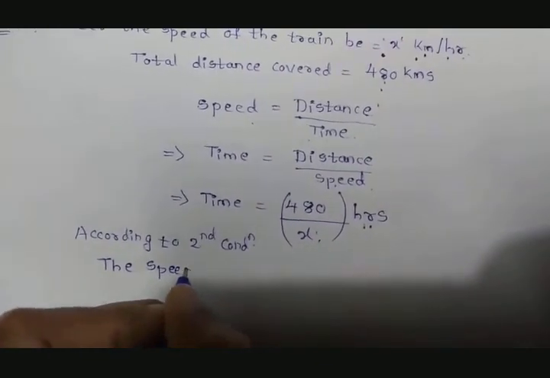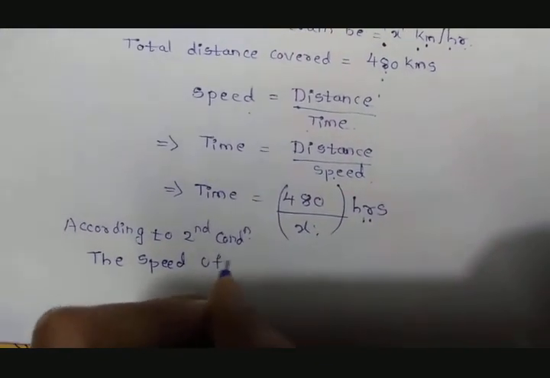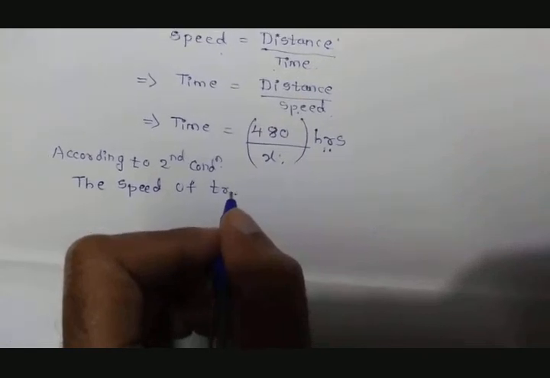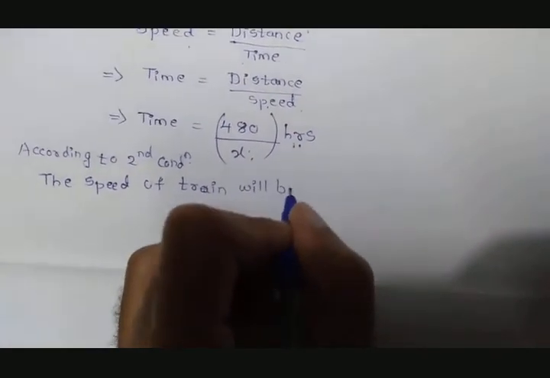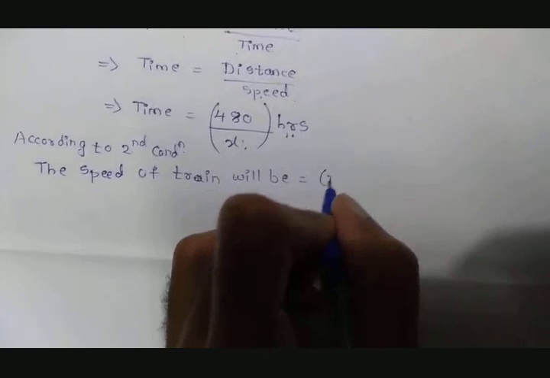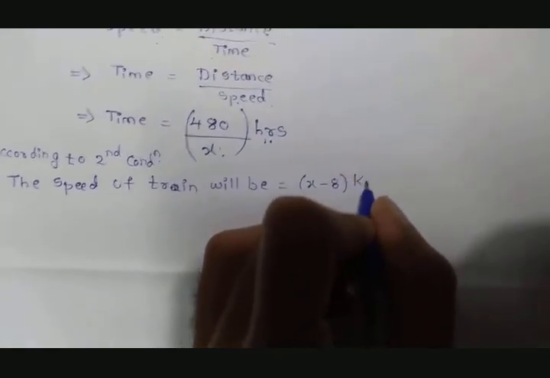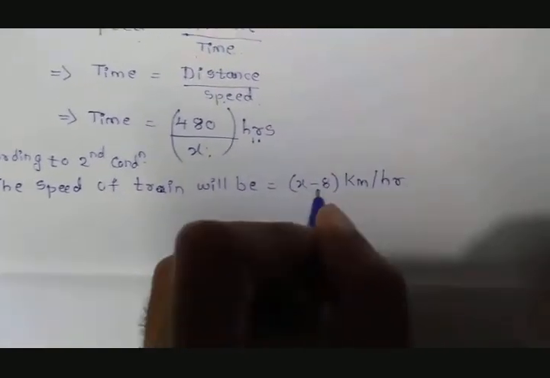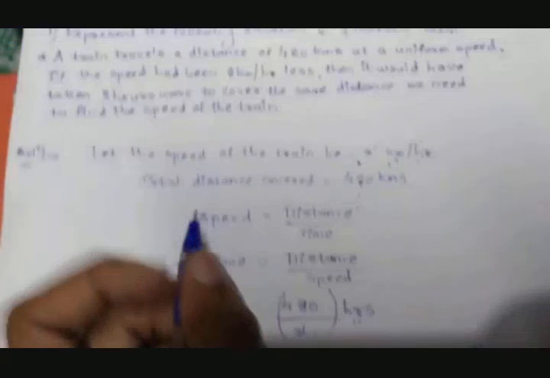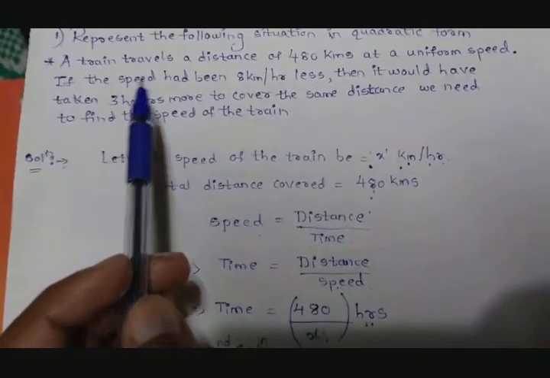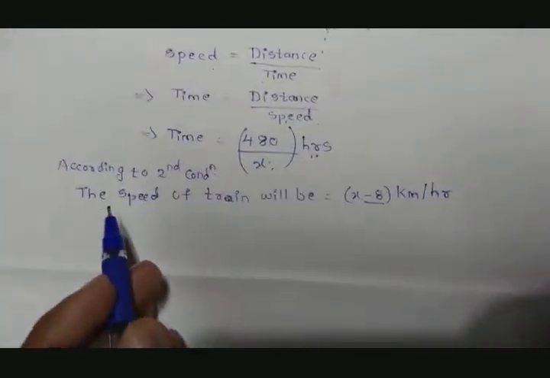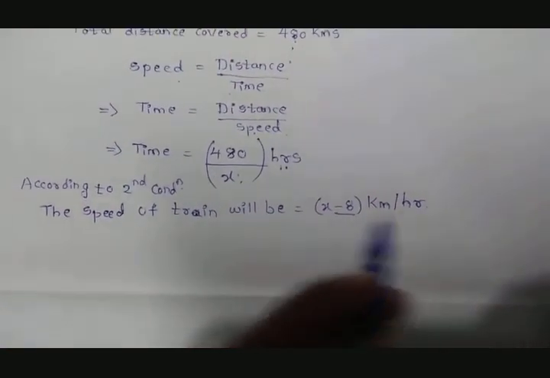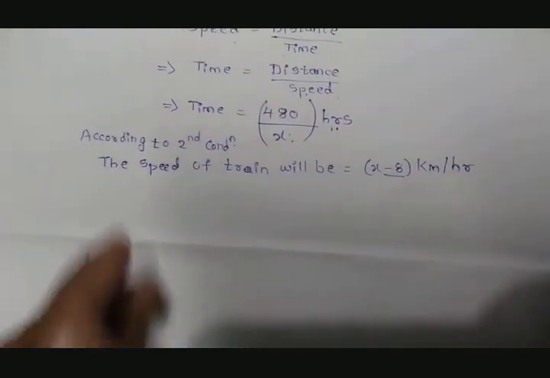The speed of the train will be equal to x minus 8 kilometers per hour. Why have we taken minus here? Because they have given in the problem that if the speed had been 8 kilometers per hour less, so we have taken the speed of the train as x minus 8 kilometers per hour.